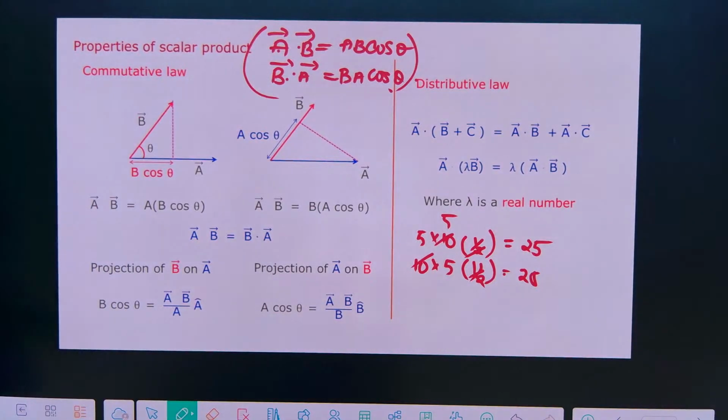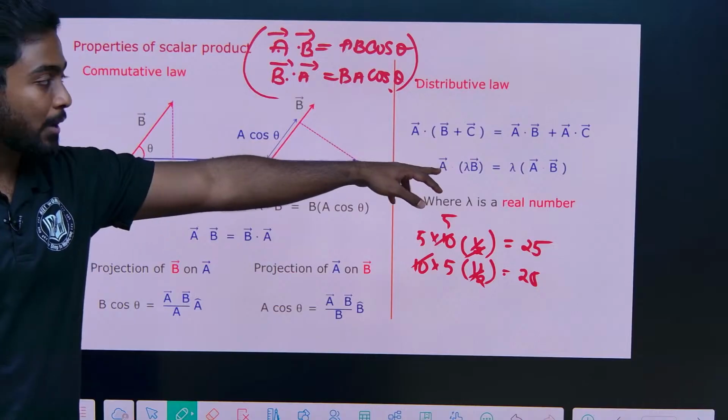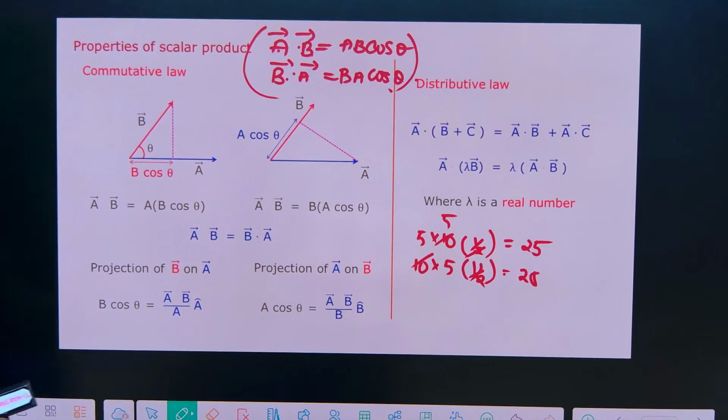Okay. And next, if I look at the distributive property, A dot (B plus C) will be equal to A dot B plus A dot C. Okay.